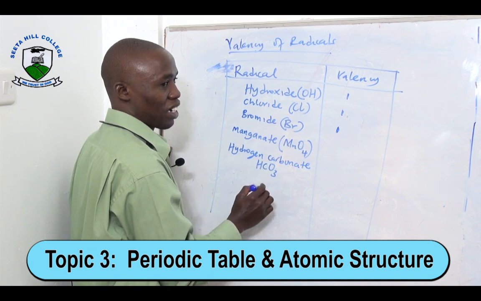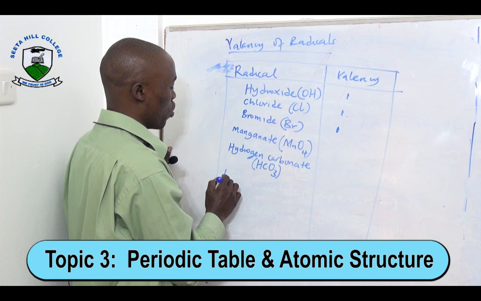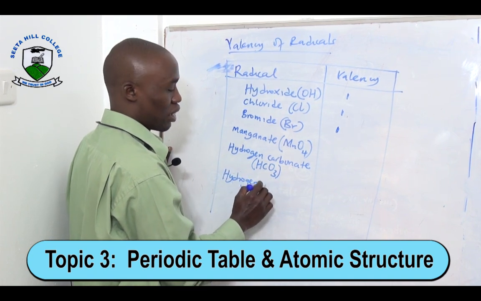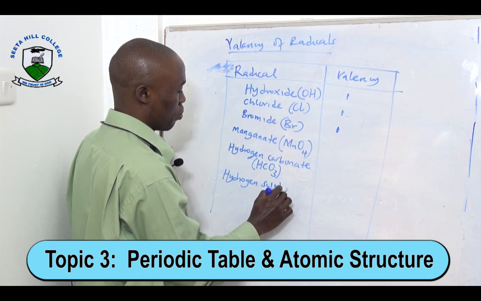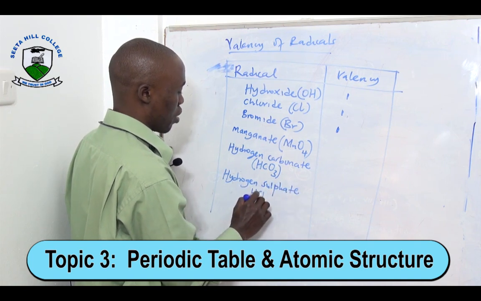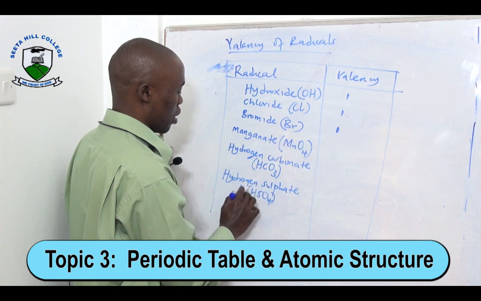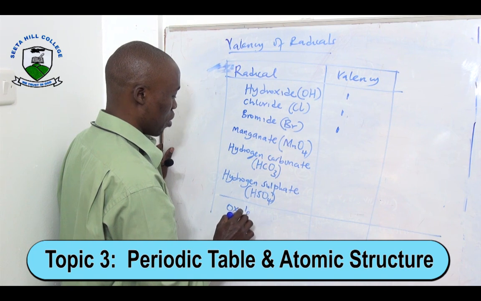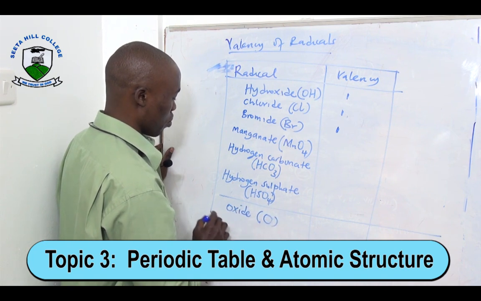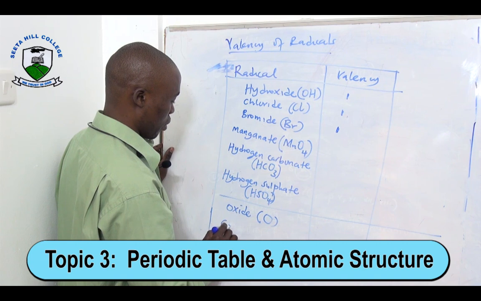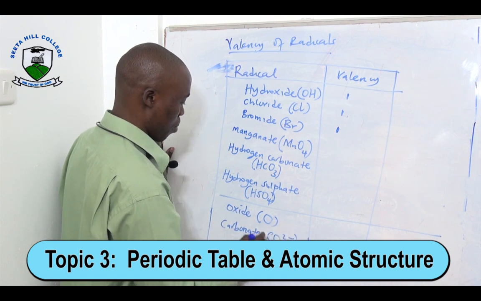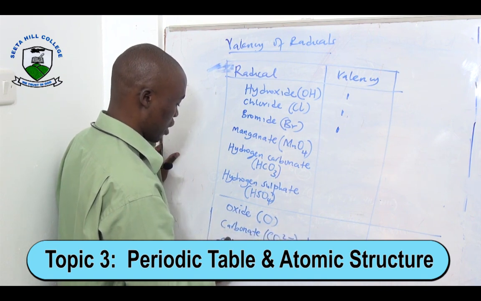Now when we say hydrogen carbonate, it is read as a whole thing. Don't read hydrogen alone, then carbonate alone, no? Now that is for valence 1. Then valence 2, you have told me it is carbonate, sulfate.